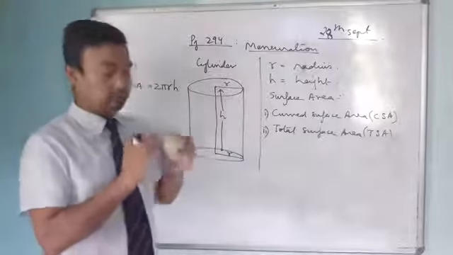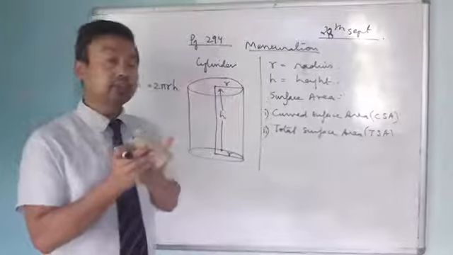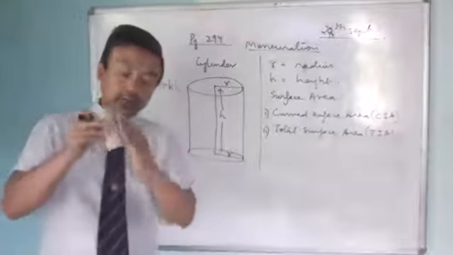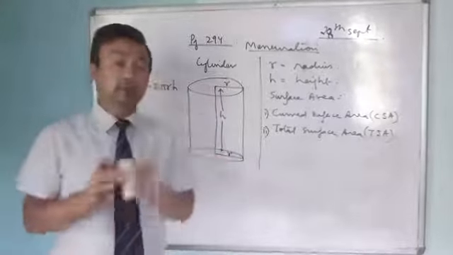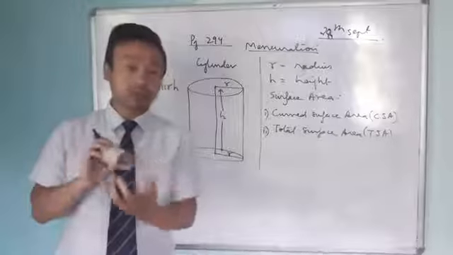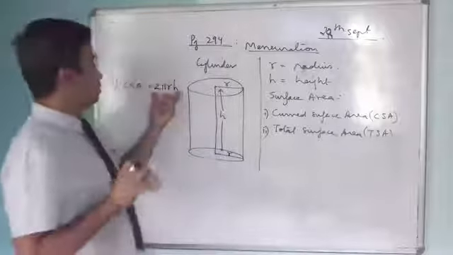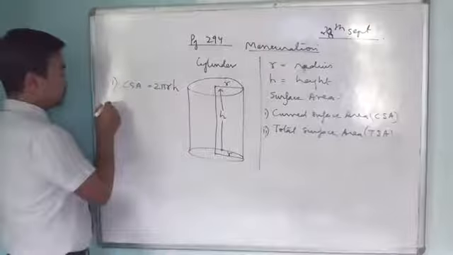Here also you have got another circle, so you have got two circles in a cylinder. And when this surface is flattened out, it looks like a rectangle, and the area of the rectangle is length into breadth. I am not going into detail because it has already been discussed. You only need to remember that the curved surface area is 2 pi r h.